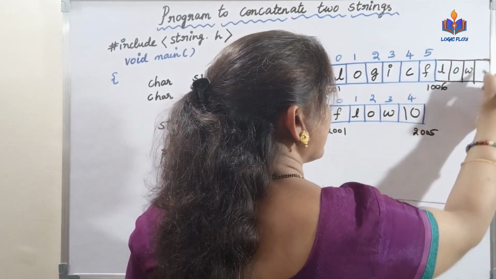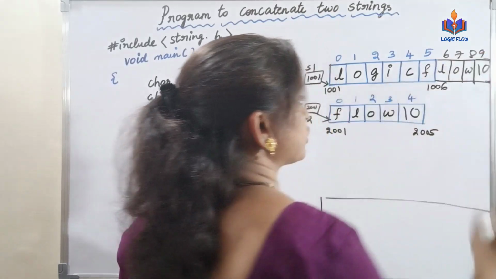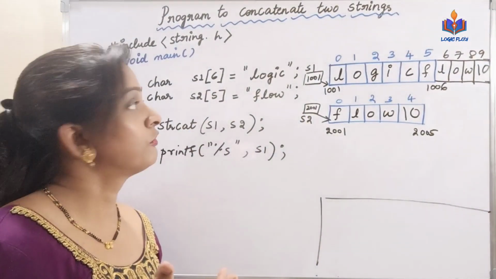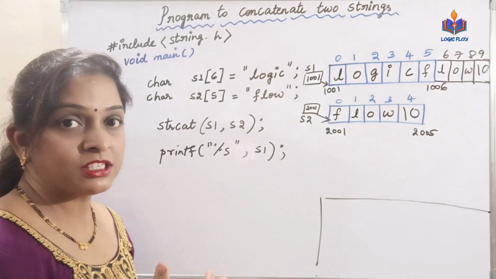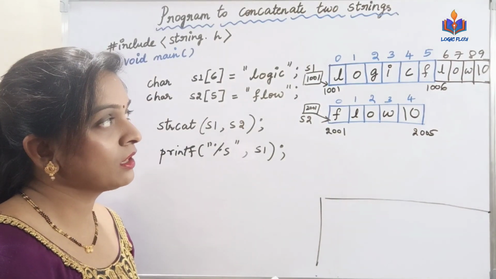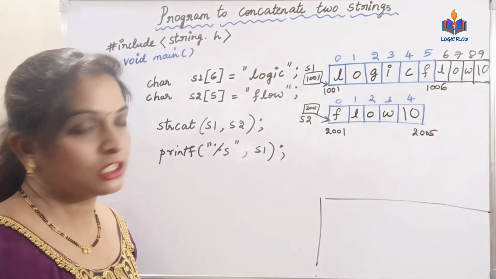FLOW and null character, so it is 6, 7, 8, 9 actual. But it is not the memory of S1. It is buffer overflow. There is no memory but I am using the memory of another program, which is not good practice.